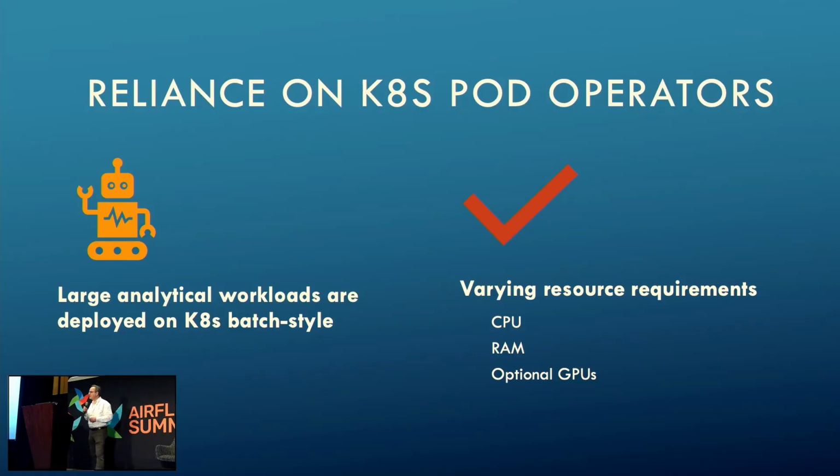So we have a heavy reliance on Kubernetes pod operators. I remember I once read an article about Airflow saying all of your operators should be Kubernetes operators, which is, I think, a little zealous, but I kind of like it. So we deploy our large analytical workloads right now through Airflow exclusively, unless those workloads are being deployed by the data science team.